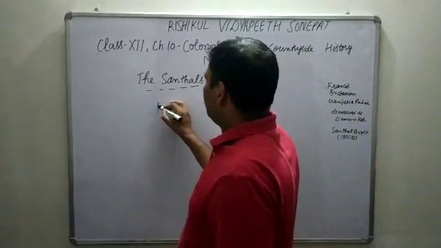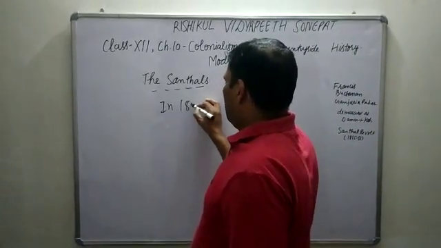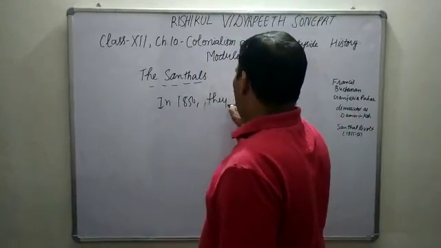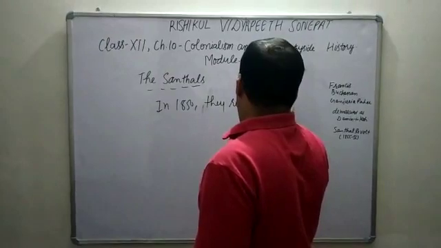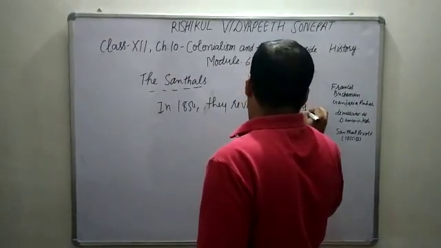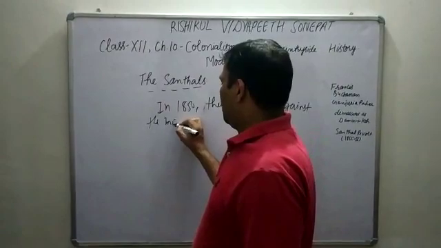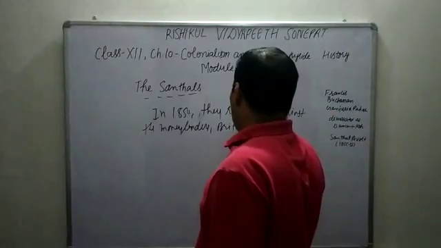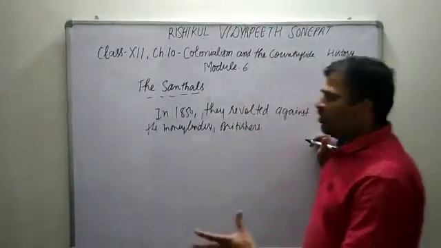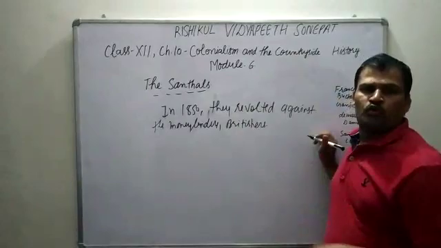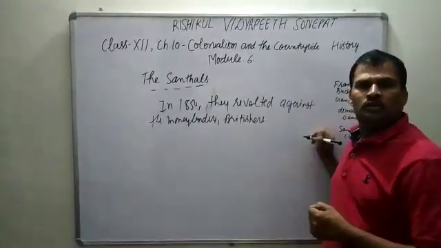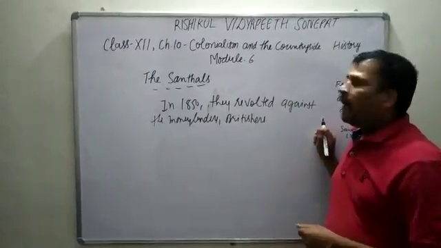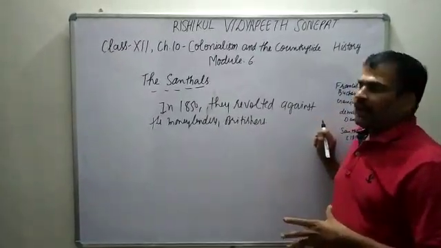Now what happened? In the 1850s they revolted against the moneylenders and Britishers, because they were exploited. They were earning a lot, their economic condition was improving, and they were paying a lot of taxes also, and due to these factors they opposed.